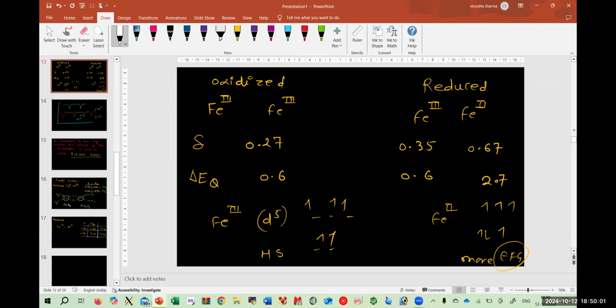How the difference in the ligand environment around your metal center is going to change and affect the delta and delta EQ values.